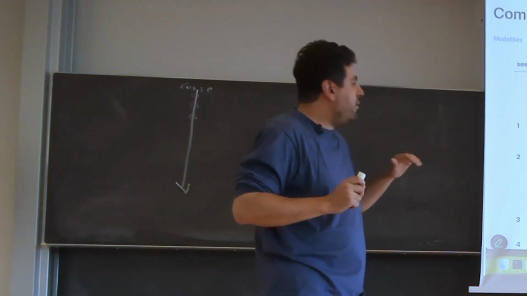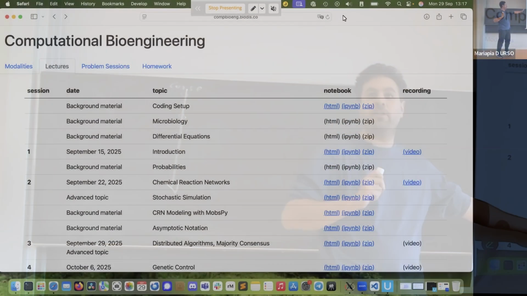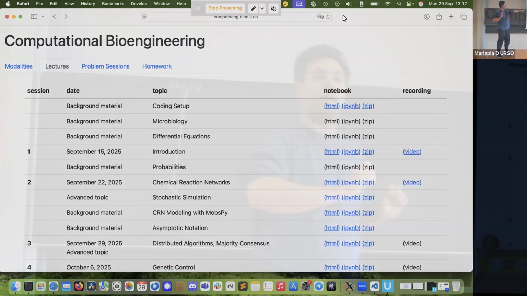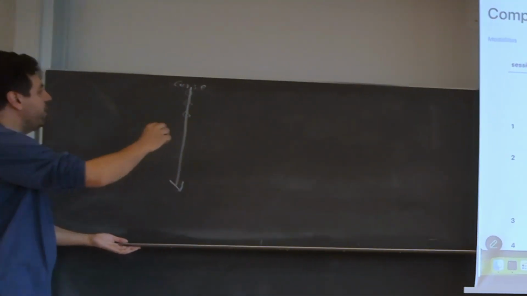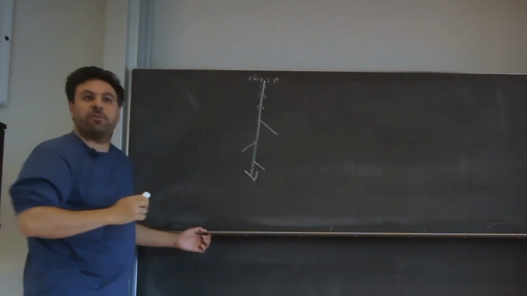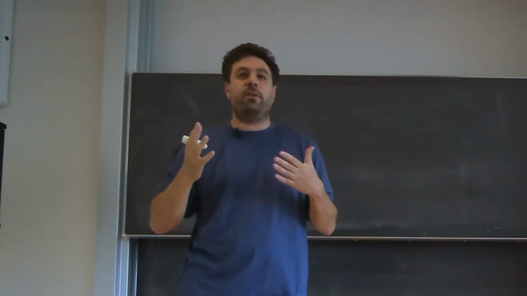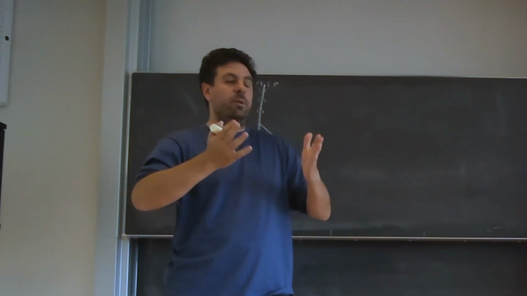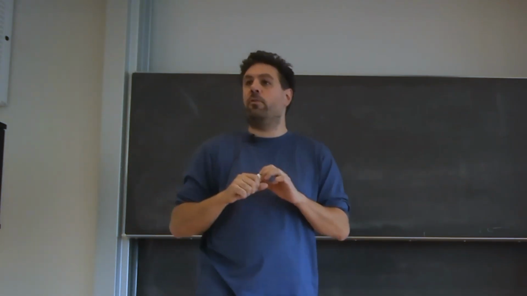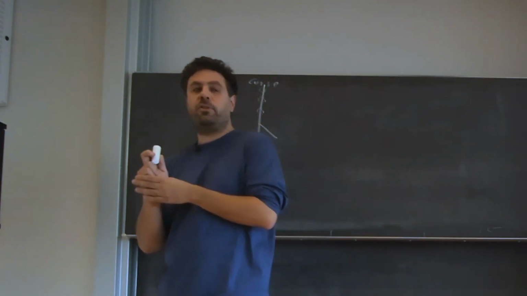And then there is something which is called advanced topics, which we are actually having one today, right? And the advanced topics are understood as branches from this course here. So the idea is this is not something that's completely aligned with a mainstream computational bioengineering course, what we think you should really know as a computational bioengineer.